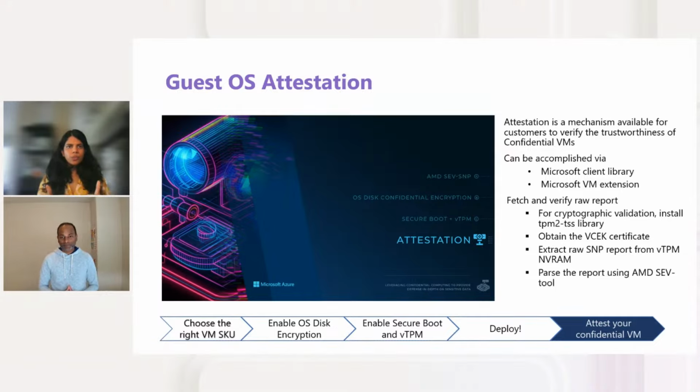And lastly, we understood why platform attestation validates that the boot workflow has not been changed, and guest OS attestation so that I can verify that I'm truly running on the AMD SEV-SNP hardware. That's very good end-to-end knowledge, right from choosing the SKU to deploying it.